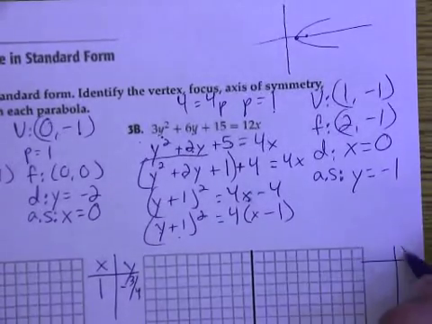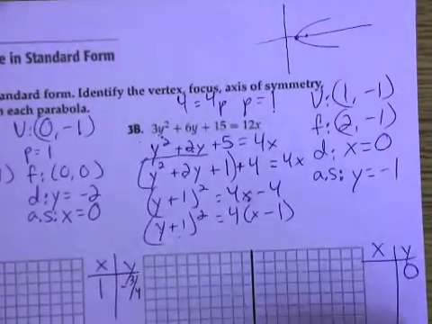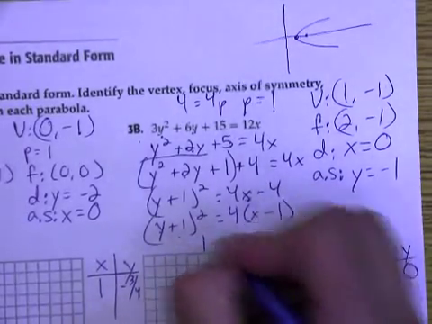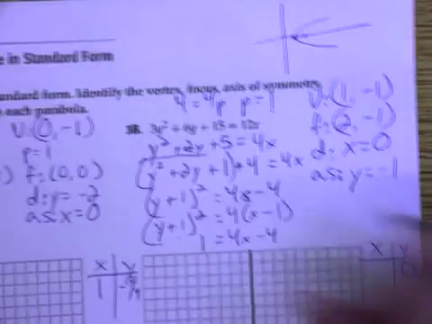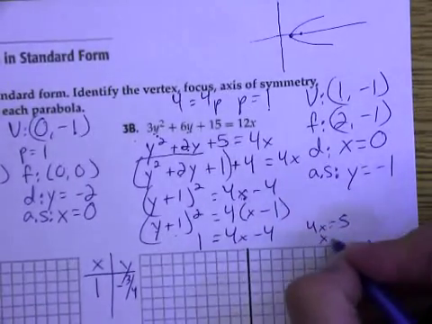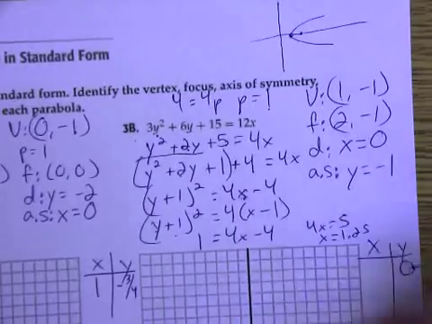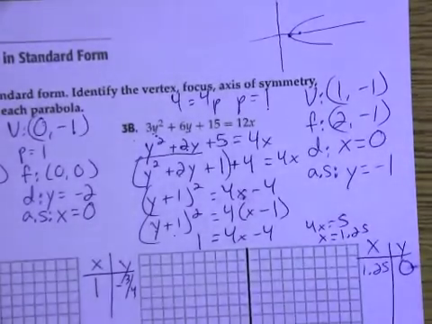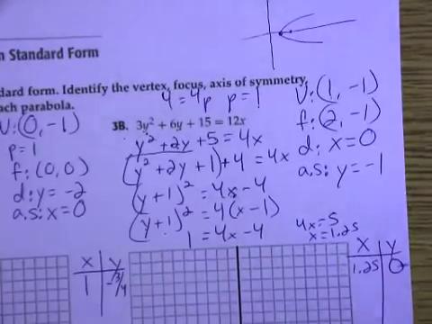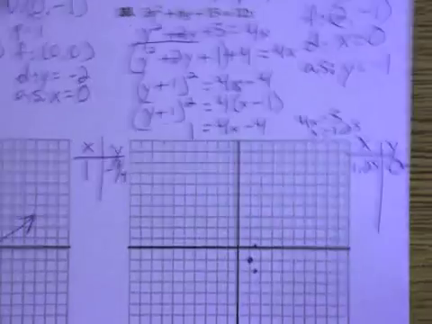My vertex is at 1, negative 1. I know it's going to be opening to the right. As I did in example 1 part B, since the y is being squared, I could think of the y as the independent variable and the x is dependent, so I'm going to plug in 0 for y and figure out what x is.